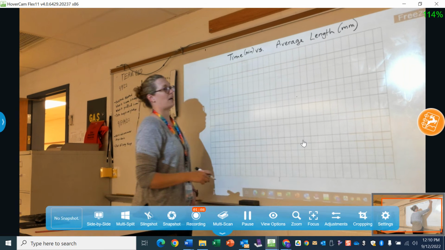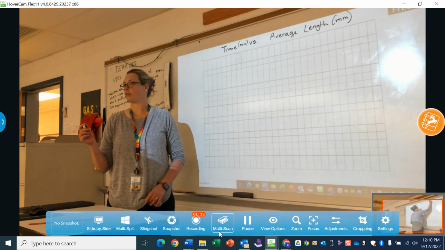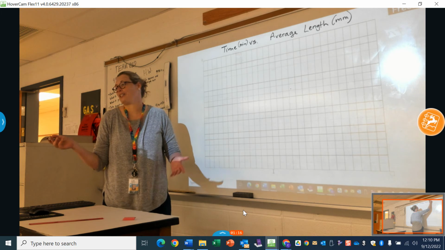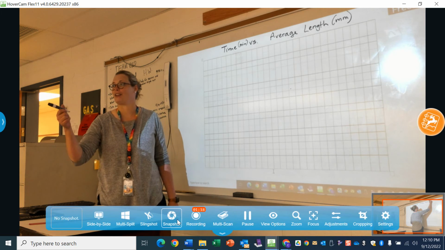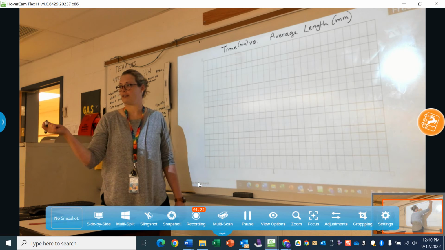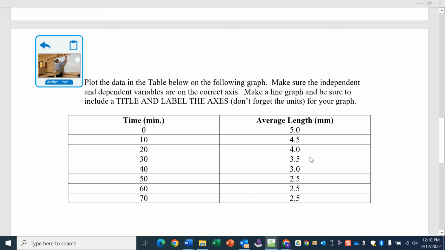What am I actually measuring though? What are we measuring? The dependent variable is the potato, right? And what are we measuring in terms of time?